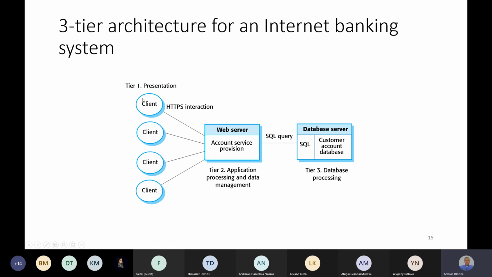From there, your web browser connects to the web server, which has all the scripts that execute your requests. Then the scripts make a call to the database server through what we know as SQL queries. This is how a typical 3-tier architecture operates in an internet banking system.